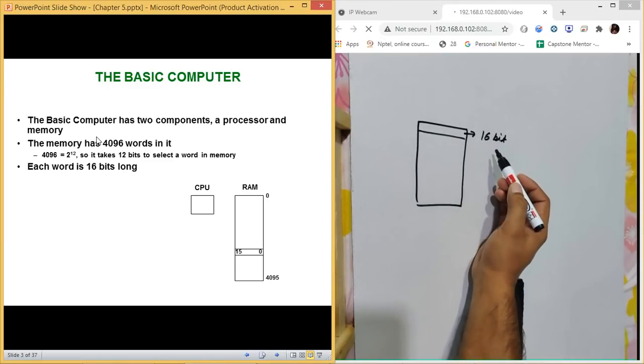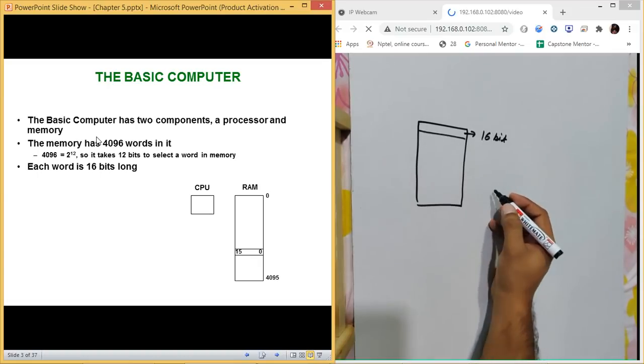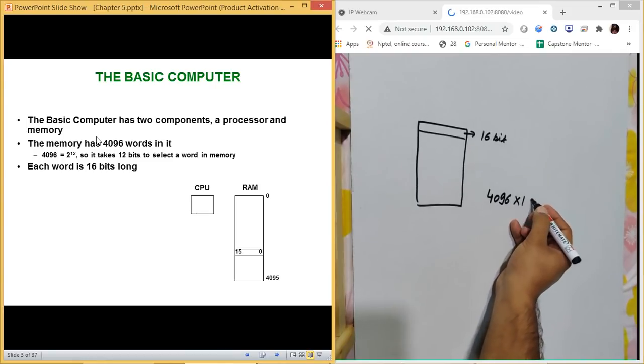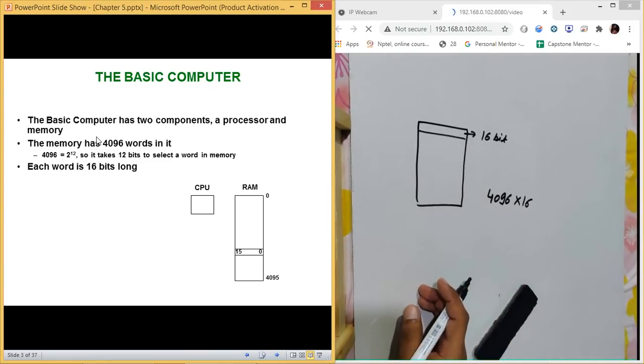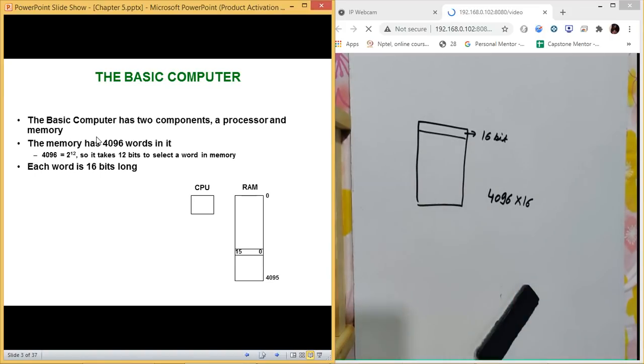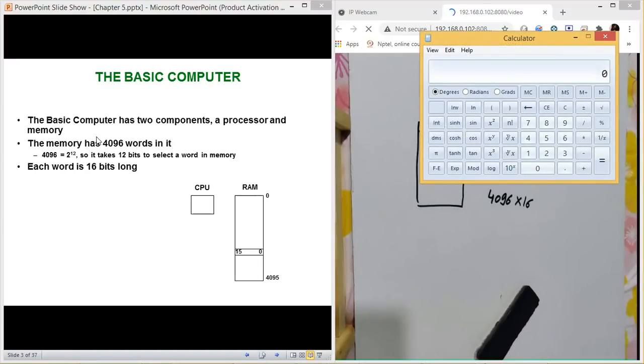You can identify it as mentioned, each word is 16 bits long. So to find the size of that memory, it is simply 4096 into 16, which you can do with the help of a calculator as well.